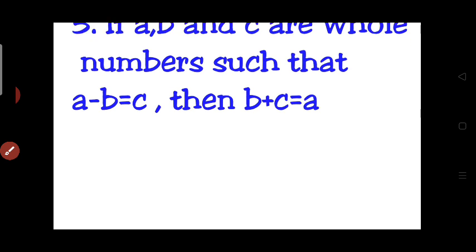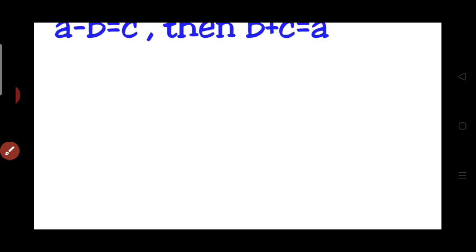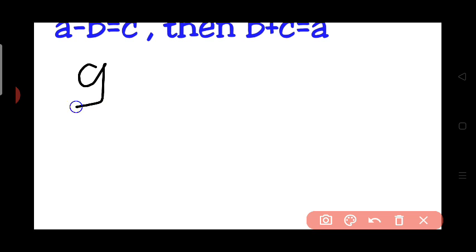Example: suppose a question is given, 9 minus 7 is equal to 2.